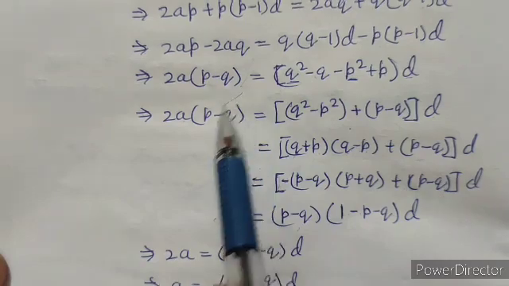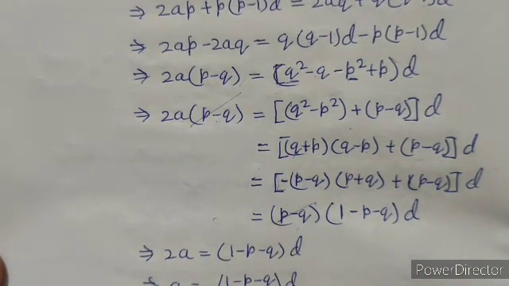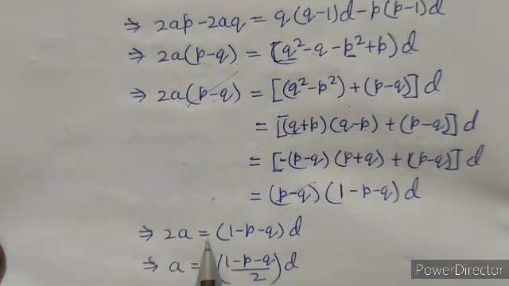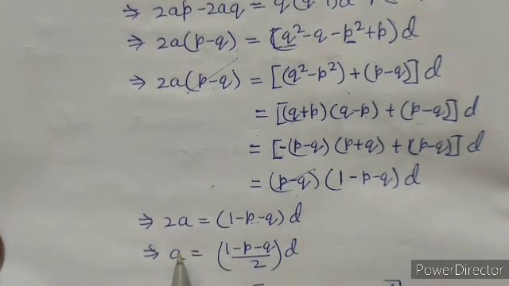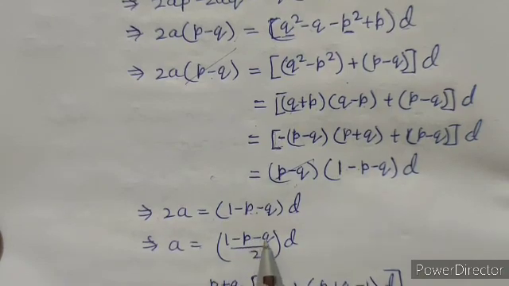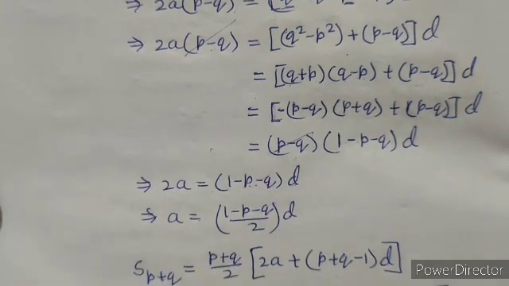Now on eliminating (p minus q) from both sides, we will get 2a is equal to (1 minus p minus q) into d. That means a will be equal to (1 minus p minus q) upon 2 into d.